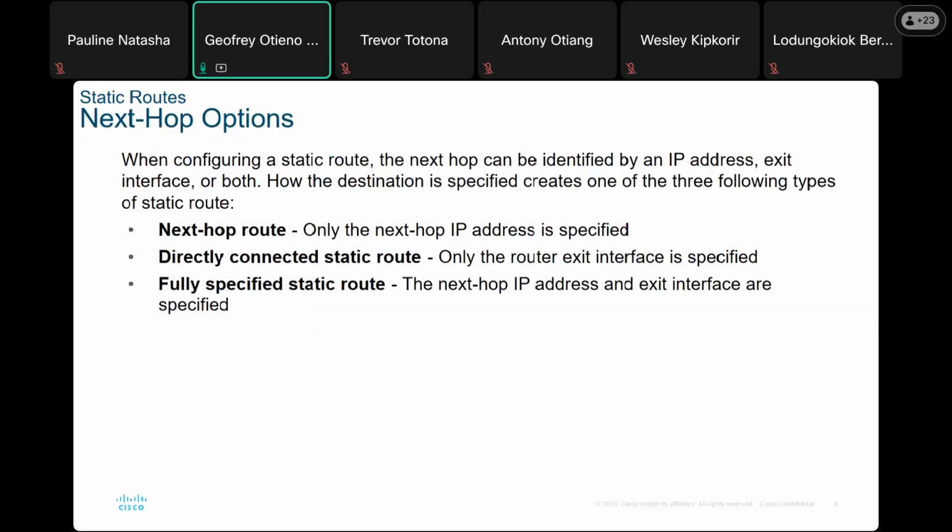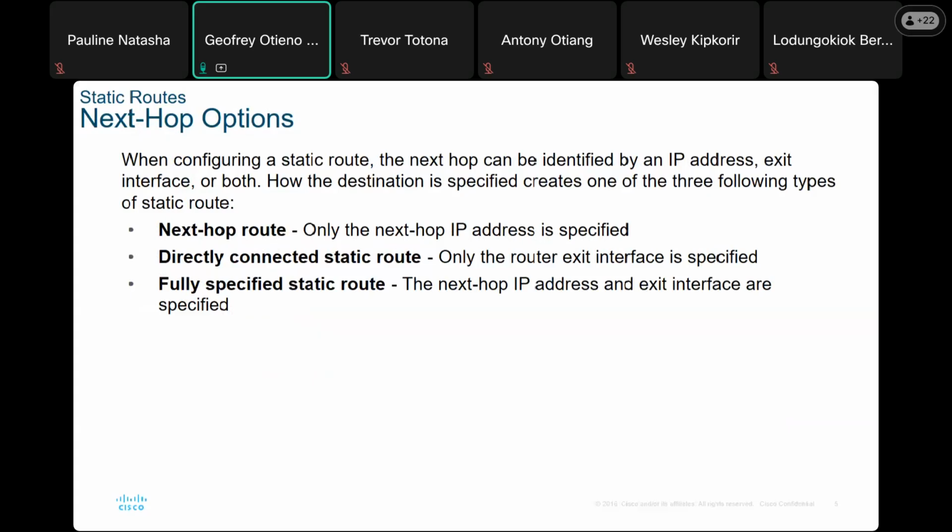So you must specify either the IP address or the exit interface, or you can have both. For the case of the IP address, it's what I'm calling a next hop route, where only the next hop IP address will be specified. Let's say I'm going to Rwanda via Uganda.